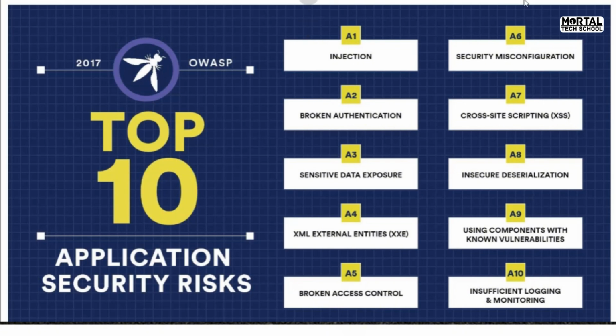Where can you see XSS attacks? Well, you can see an XSS attack in emails, in blogs, in comment fields, then websites which are vulnerable to XSS attacks and other things. A8. Insecure deserialization.